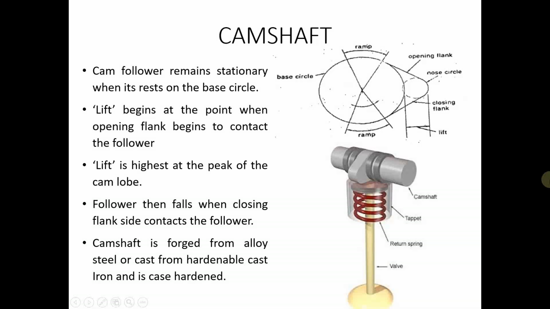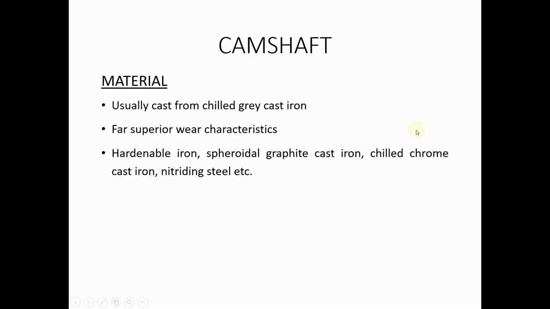This camshaft is usually forged from alloy steel, or it can also be cast from malleable cast iron or grey cast iron. Case hardening process, which is a surface hardening, is done on the different cams.